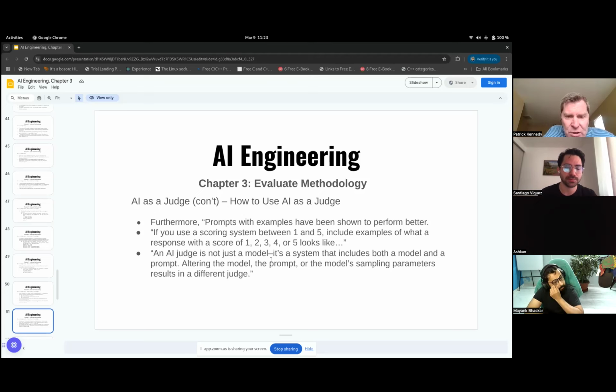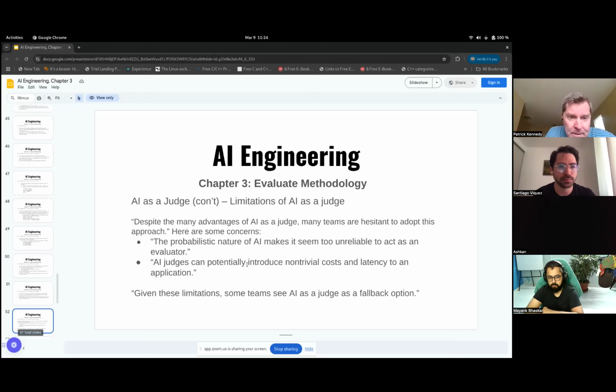An AI judge is not just a model, it's a system that includes both a model and a prompt. Altering the model, the prompt, or the model's sampling parameters will result in a different judge. Okay, and limitations of AI as a judge. Despite many advantages of AI as a judge, many teams are hesitant to adopt this approach. Here are some concerns.